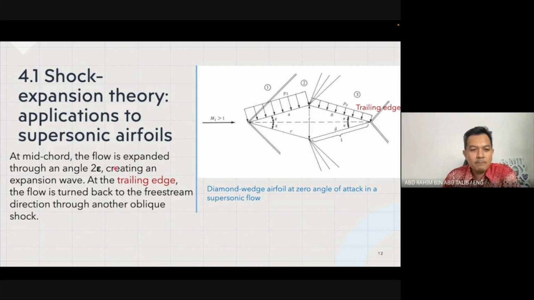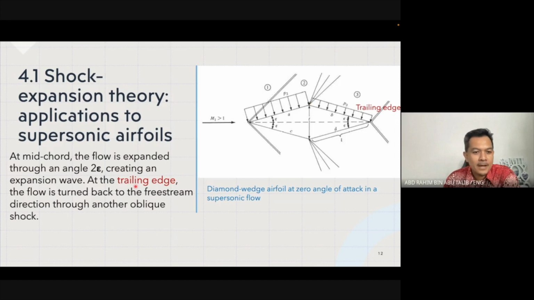So what happens when the flow follows the shape of the diamond wedge at the mid-chord? This is the mid-chord position. The flow is expanded through an angle of 2 epsilon, creating an expansion wave. So first you see the oblique shock wave, and then it is expanded, with an expansion wave at the mid-chord of the diamond wedge airfoil.